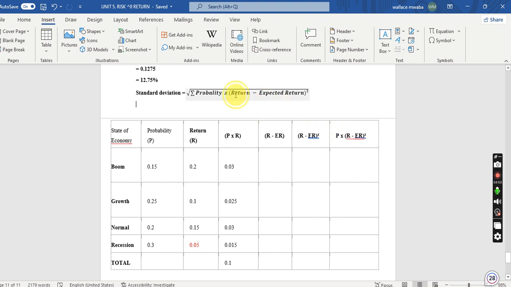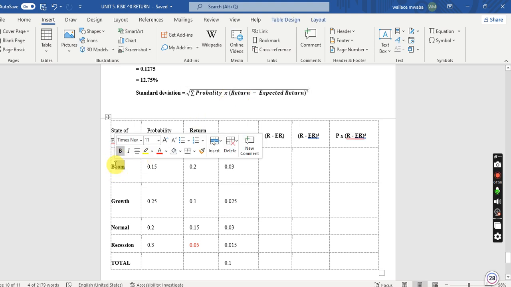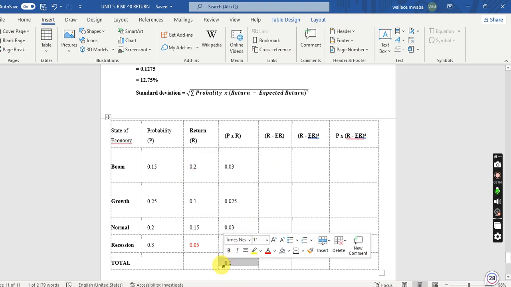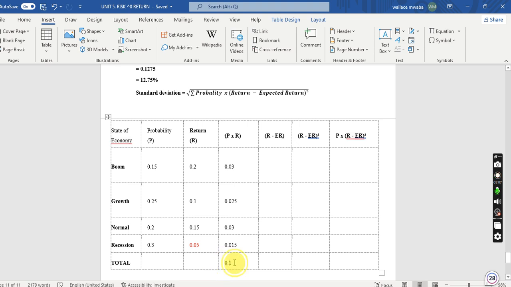So we start with the economy in a boom. The return is 0.2. We're subtracting it from the expected return. This is the expected return here, 0.1. Put it as ER, expected return. So you're going to say 0.2 minus 0.1, you get 0.1.